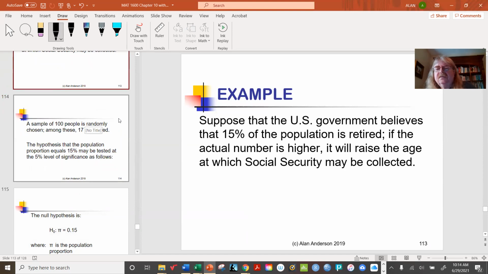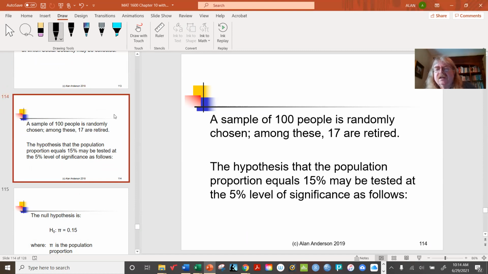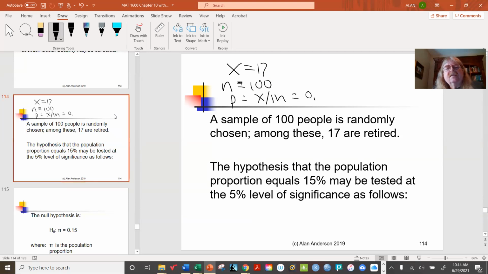So here's the sample. They pick a random sample of 100 people, and they find that out of these 100, 17 are retired. So you might recall the notation we used yesterday. X is 17, N is 100, which means the sample proportion, which is X over N, is 0.17.